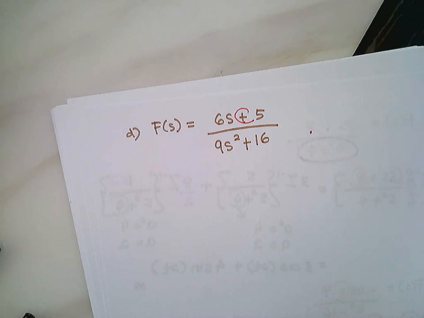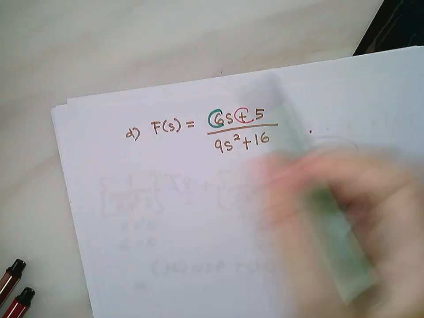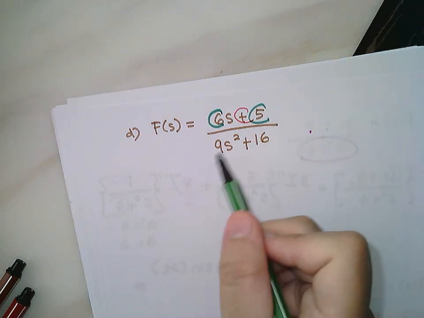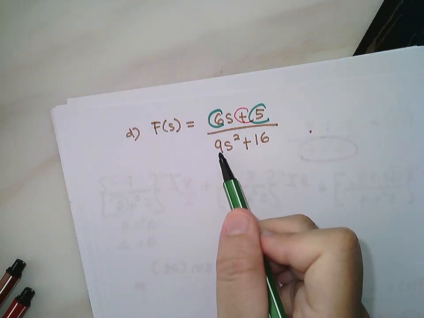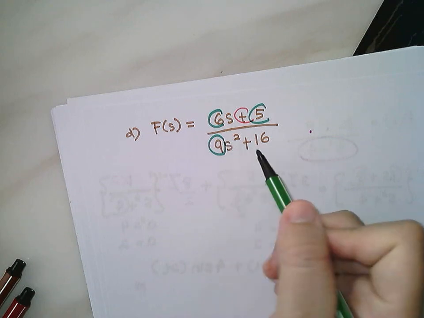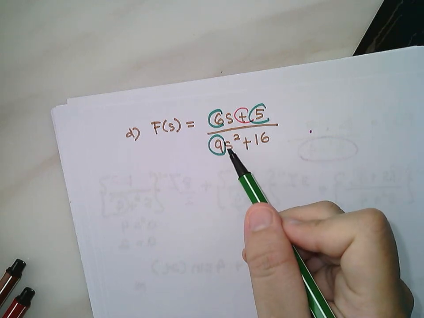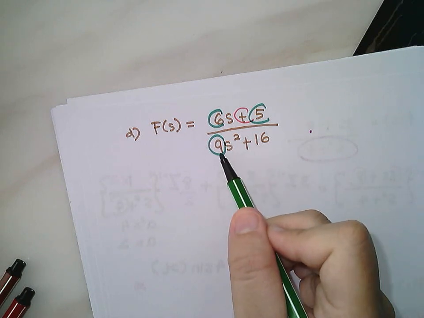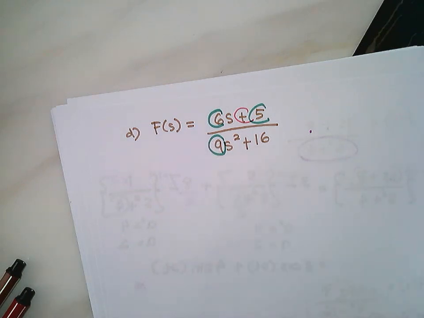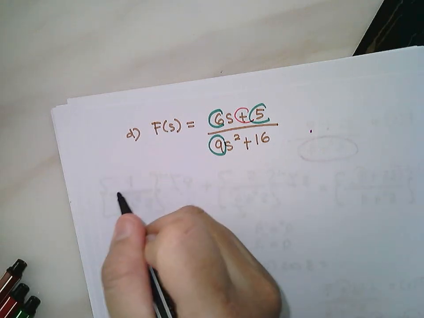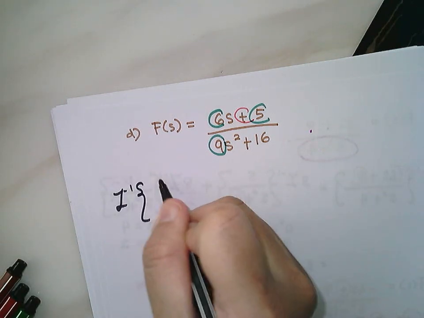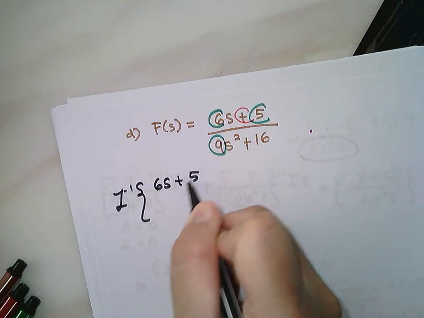So define what is your constant. 6 you need to factorize, 5 is also a constant, and the coefficient of s squared, because you should get s squared only, so that's why you need to factorize 1 over 9.